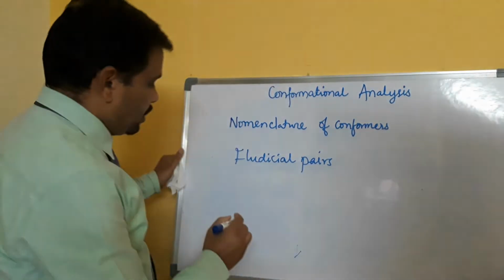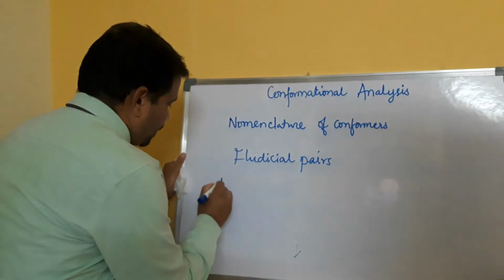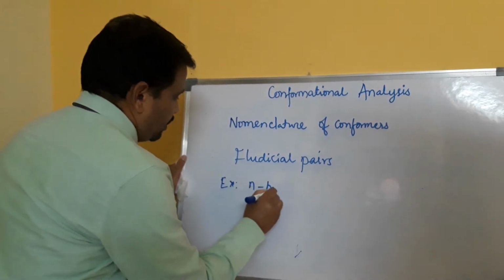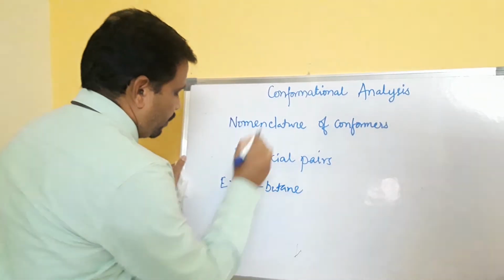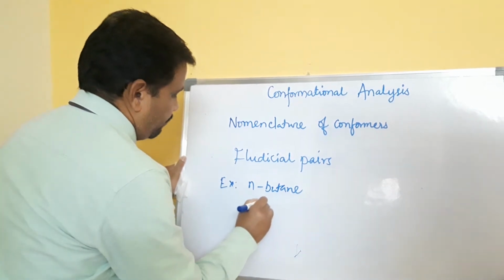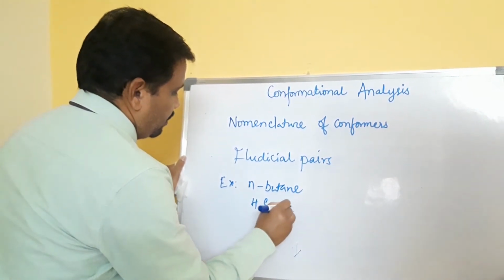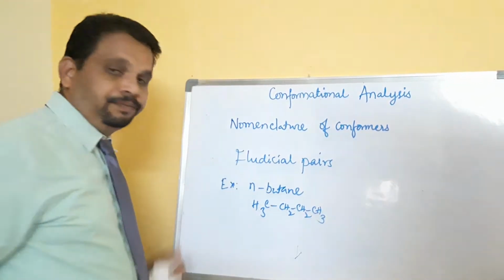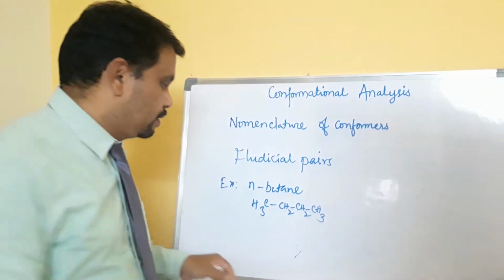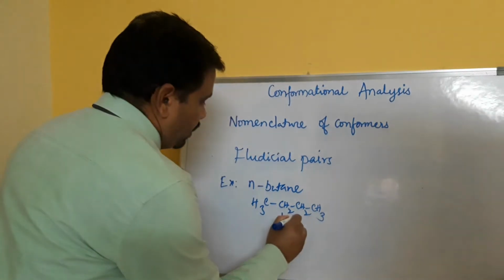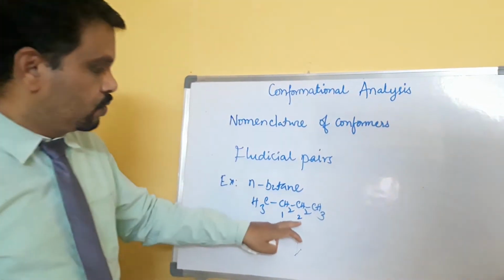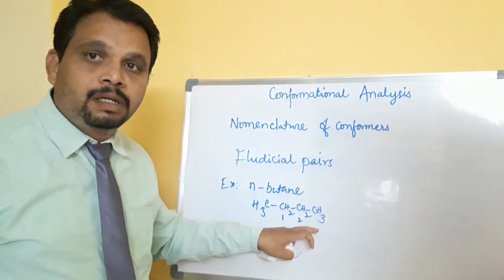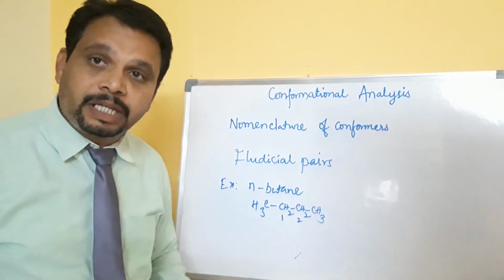Suppose I take one example, n-butane. The structure of n-butane is CH3, CH2, CH2, CH3. These are the two central carbon atoms, 1 and 2. On each of these two adjacent carbon atoms there are two hydrogens and one methyl group.